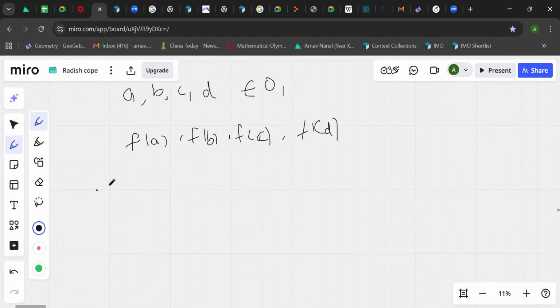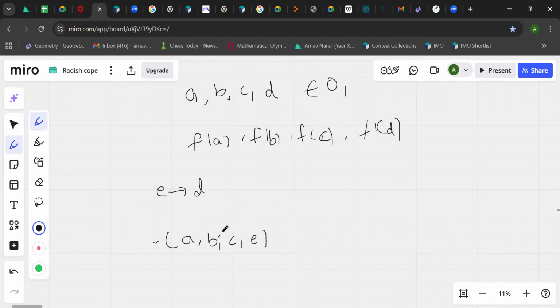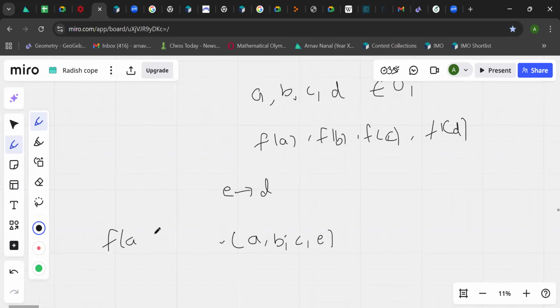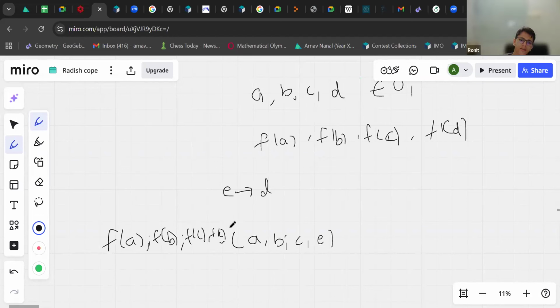take a point E which tends to D. E is the point which we are tending to D to show that it's continuous.